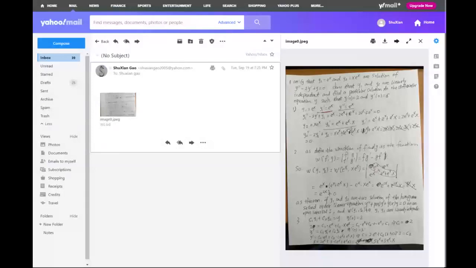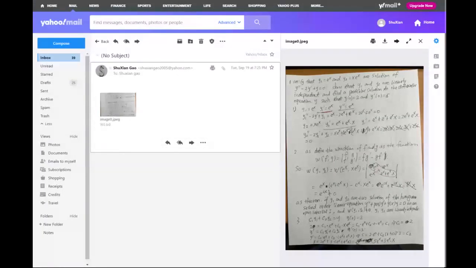By the theorem, y1 and y2 are two solutions of this homogeneous second order linear equation, y double prime minus 2y prime plus y equals 0.